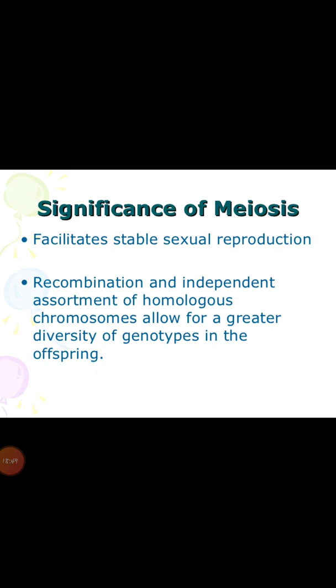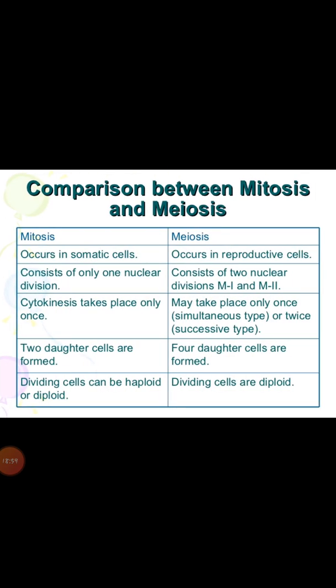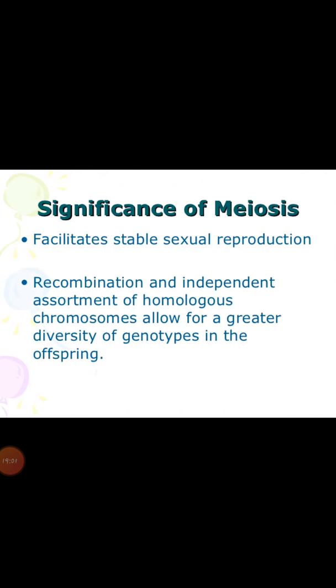Due to meiosis, recombination and independent assortment of homologous chromosomes allow for a greater diversity of genotypes in the offspring. It is responsible for giving rise to a large number of variations in offspring due to new recombinations produced by crossing over and random distribution of maternal and paternal chromosomes.